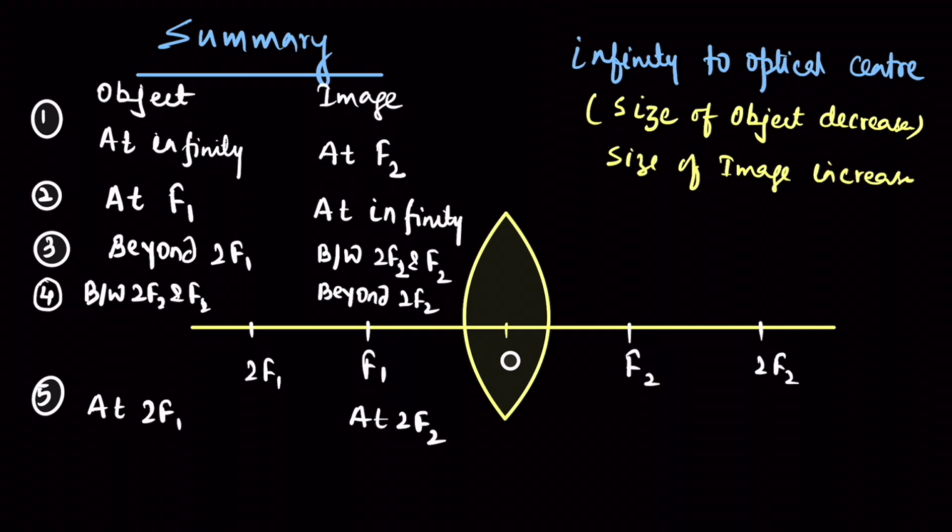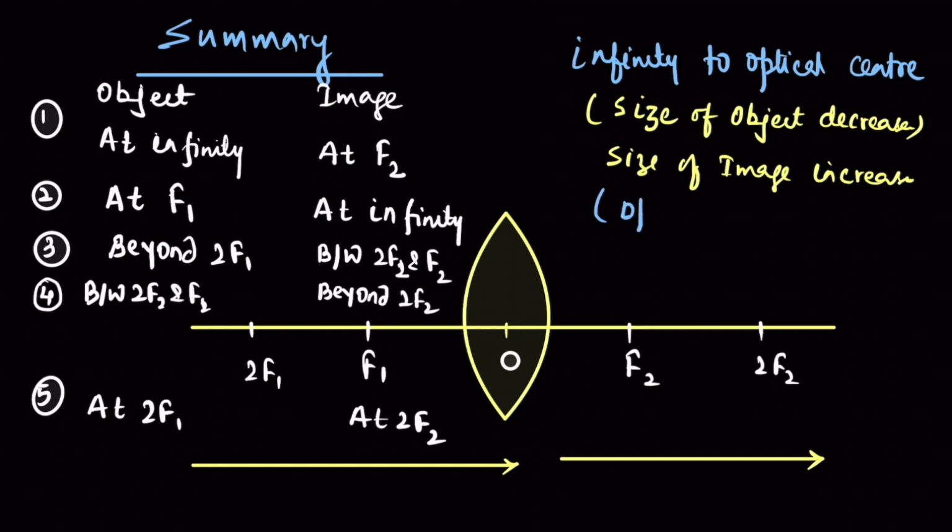Means when we are going towards the optical center, object size starts decreasing. But the image size, which is going away from the optical center towards infinity, that time size increases when it is moving from optical center to infinity.